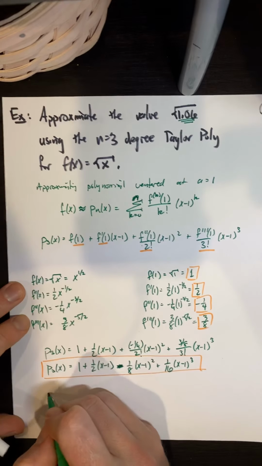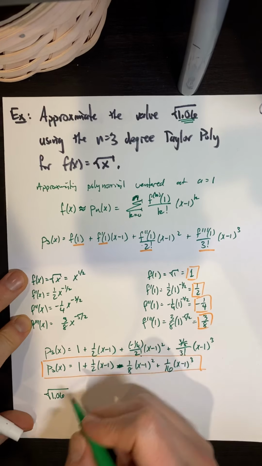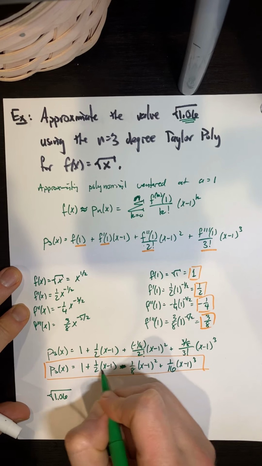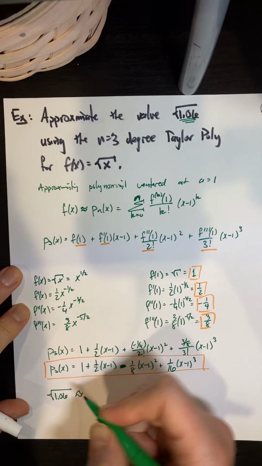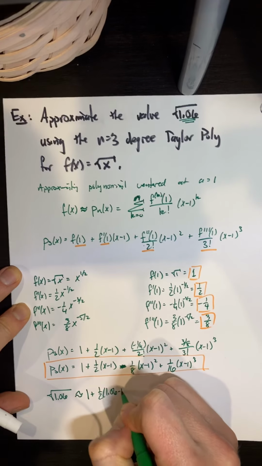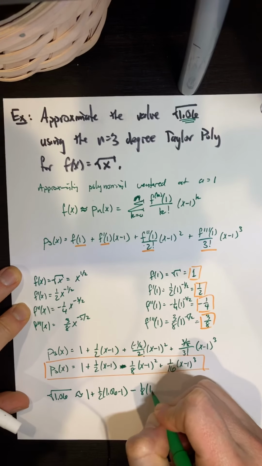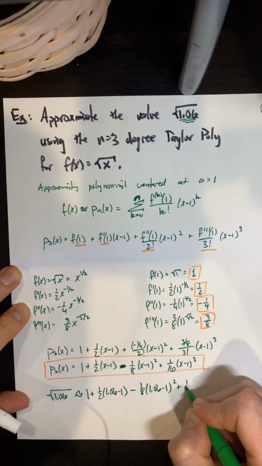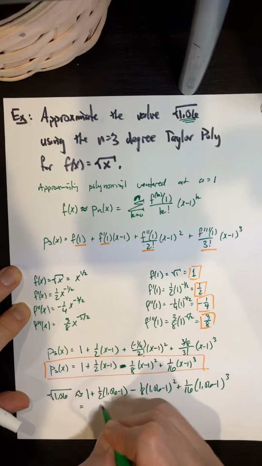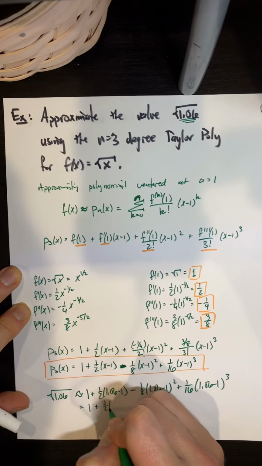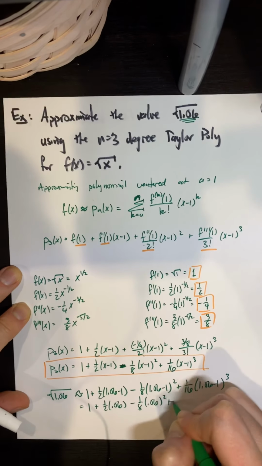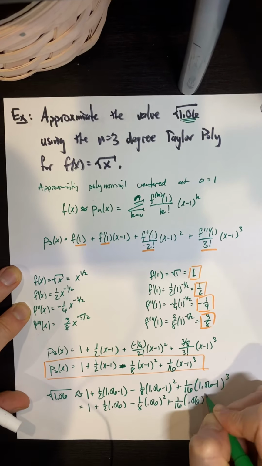So that means if I wanted to approximate the square root of 1.06, I want to plug in 1.06 into this function. So this thing is approximately equal to 1 plus 1 half times 1.06 minus 1 minus 1/8 times 1.06 minus 1 squared plus 1 over 16 times 1.06 minus 1 cubed. And so evaluating this, I would get 1 half times 0.06 minus 1/8 times 0.06 squared plus 1 over 16 times 0.06 cubed.